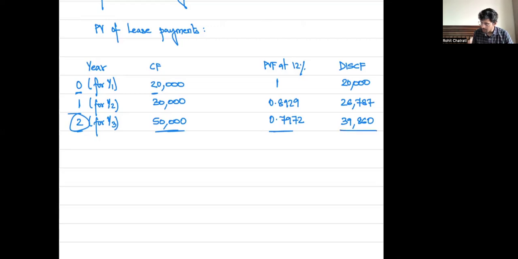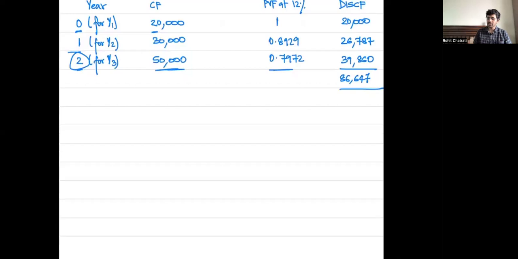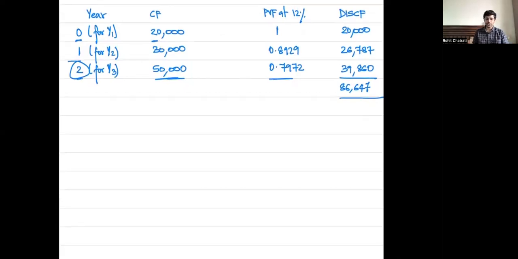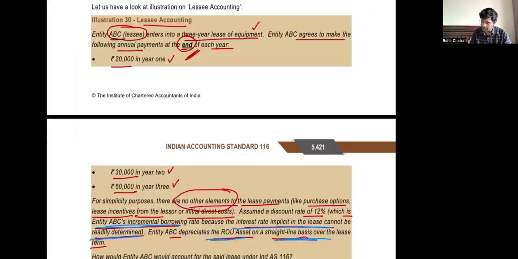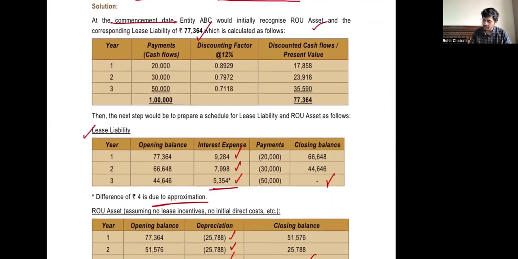So the sum total of discounted cash flows is going to be 20,000 plus 26,787 plus 39,860, which is equal to 86,647. The amount that we originally got was 77,364.